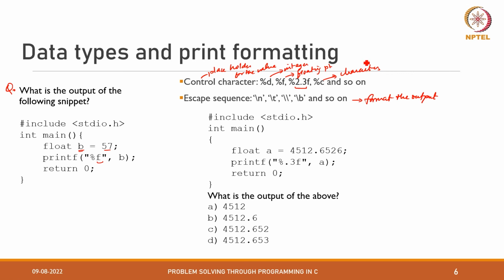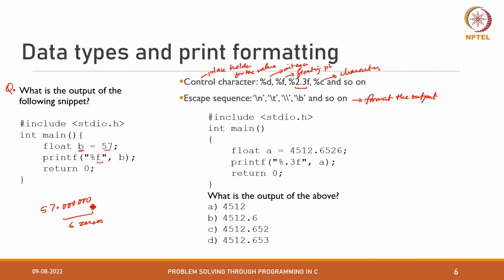This percentage f is used because it's a floating point variable, and we need to print the part after the decimal. You need to use percentage f. So the output here will be 57.000000, with 6 zeros.